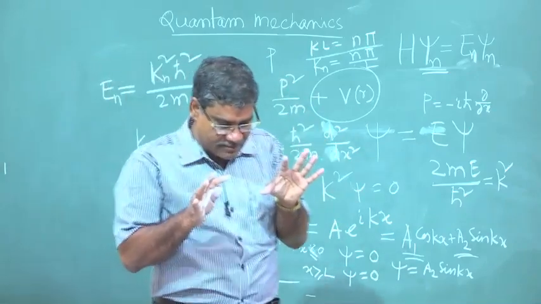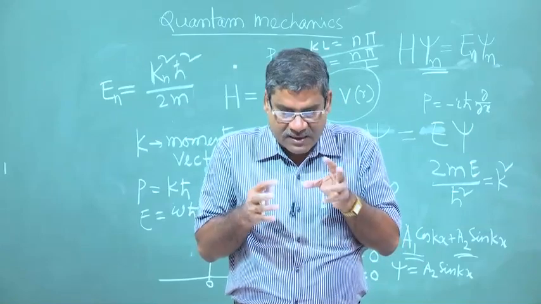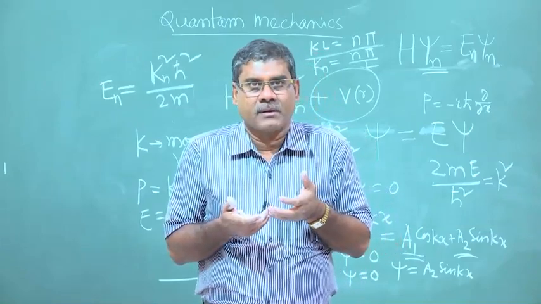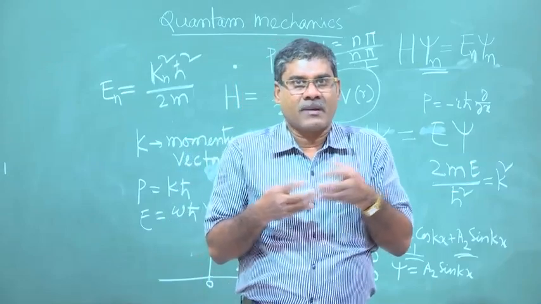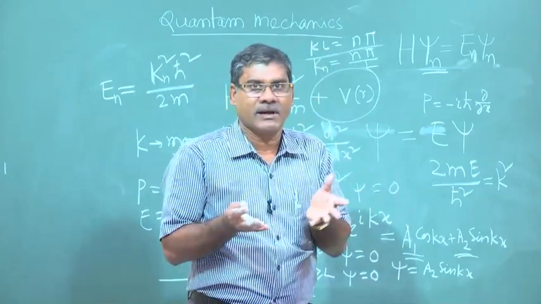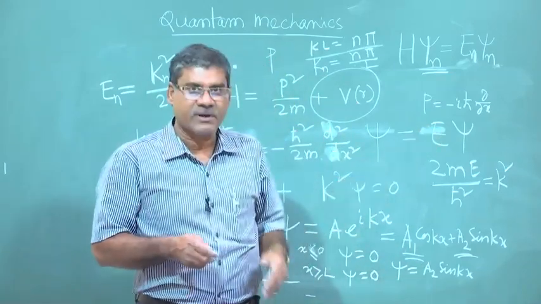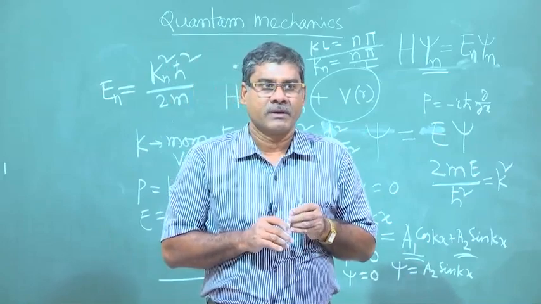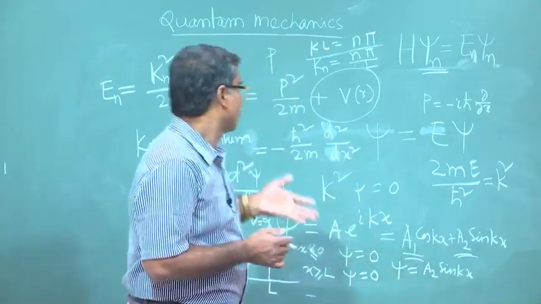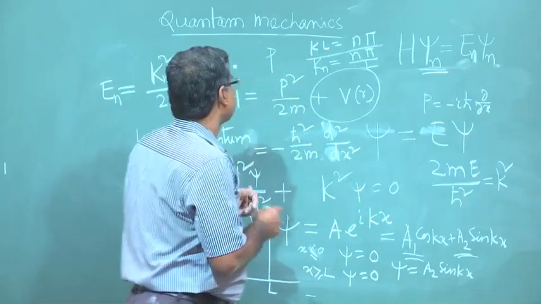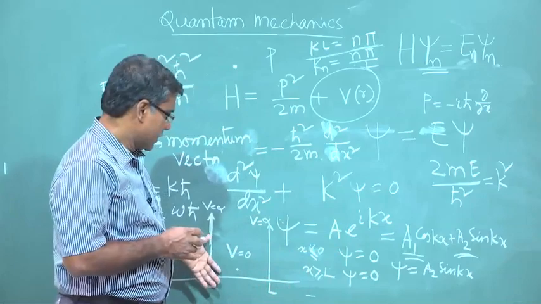So the wave function for the system is now known to me. If I apply different operators on that wave function, I will get different eigen equations and eigenvalues, either for momentum or for energy. So I will get all the information about my system.